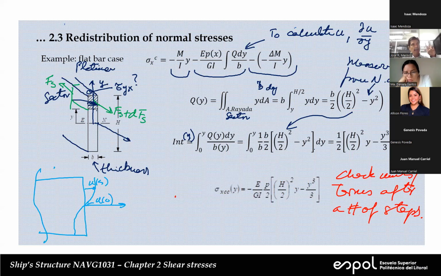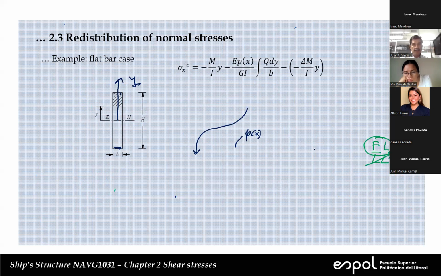So we have the second term here. And then for the third term, we have to integrate the stress to calculate the net moment on the whole section. And that's delta M. This delta M is exactly the value that is taking us away from equilibrium.